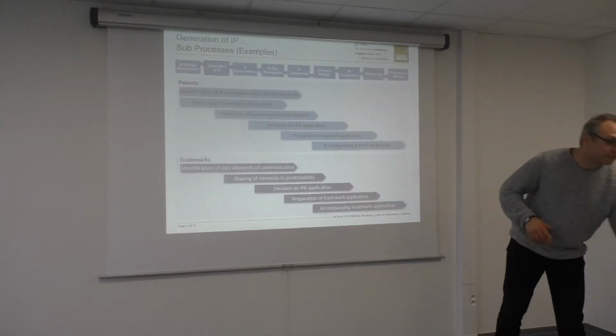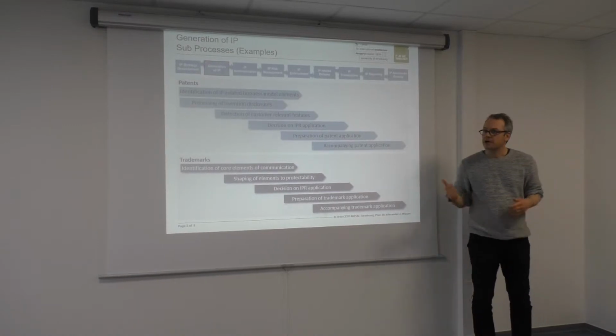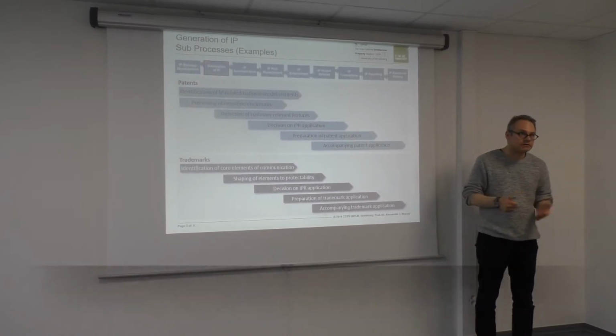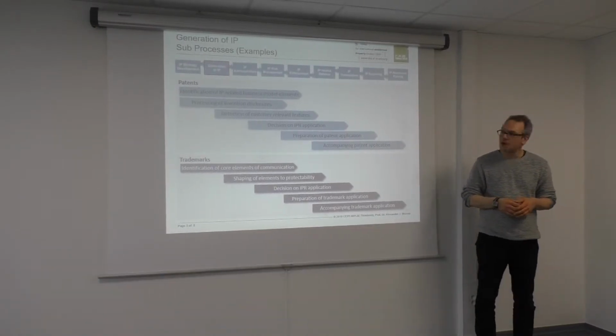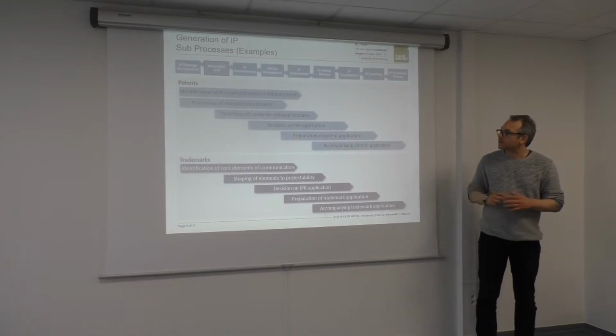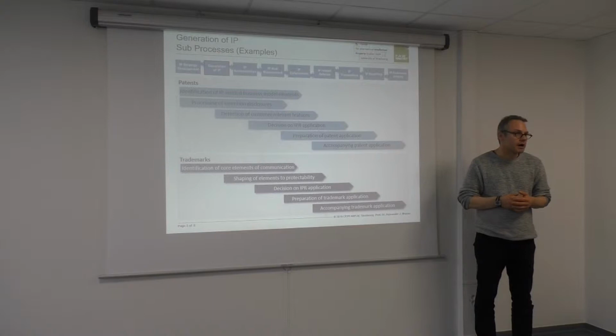One important IP management core process, as already mentioned by Oliver, is the generation of IP. The generation of IP as one IP management core process consists of several sub-processes, and we just discussed some sub-processes with the examples of 2 different flavors of IP rights, which are patents and trademarks.